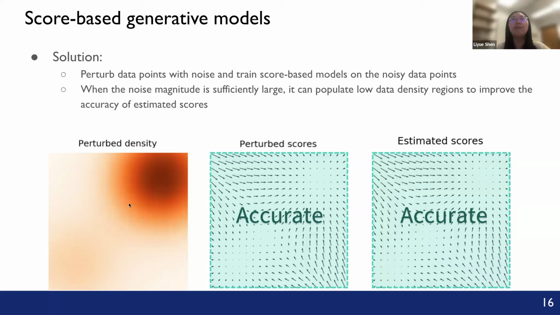As shown here, when we populate the Gaussian by adding noise, we have a better chance to get more samples from those low density regions, and then be able to estimate a more accurate score function from those regions. So this is the intuition behind it.